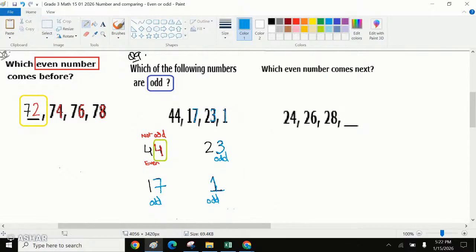In question number 10, they're just asking us which number, but the term used is even over here, right? Which even number will come after 28?